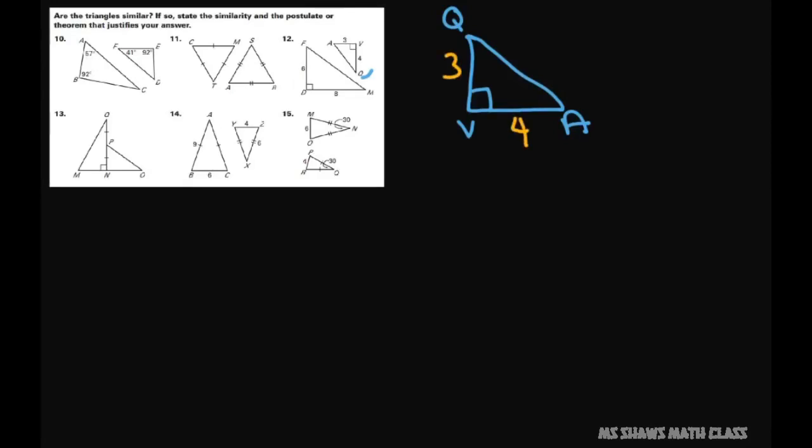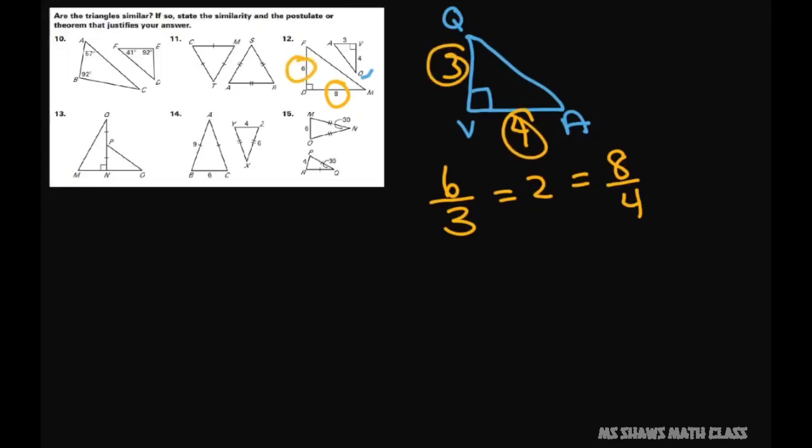Sorry about that. So basically, you can take the triangles and know that 6 divided by 3 equals 2, which also equals 8 divided by 4. And I'm taking these two together and these two together. And also, this is your Pythagorean triple. 3, 4, 5 is the Pythagorean triple. So you know this is 5.